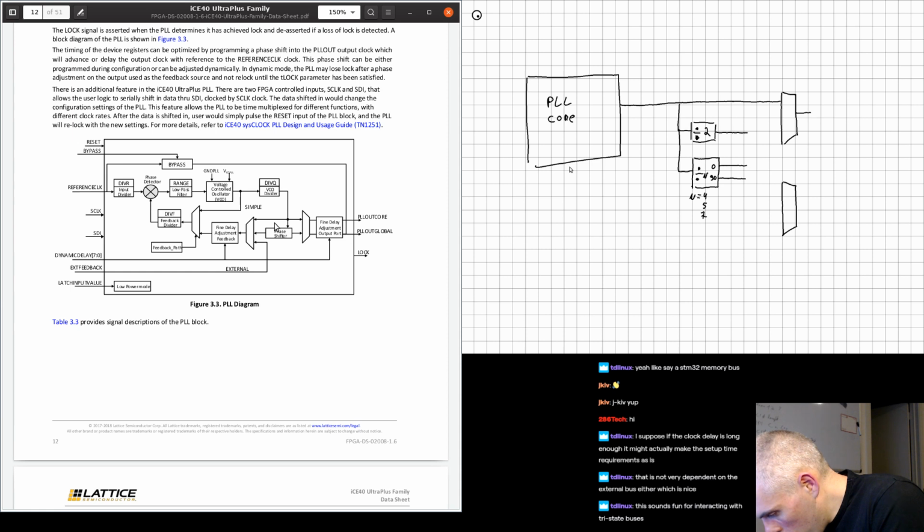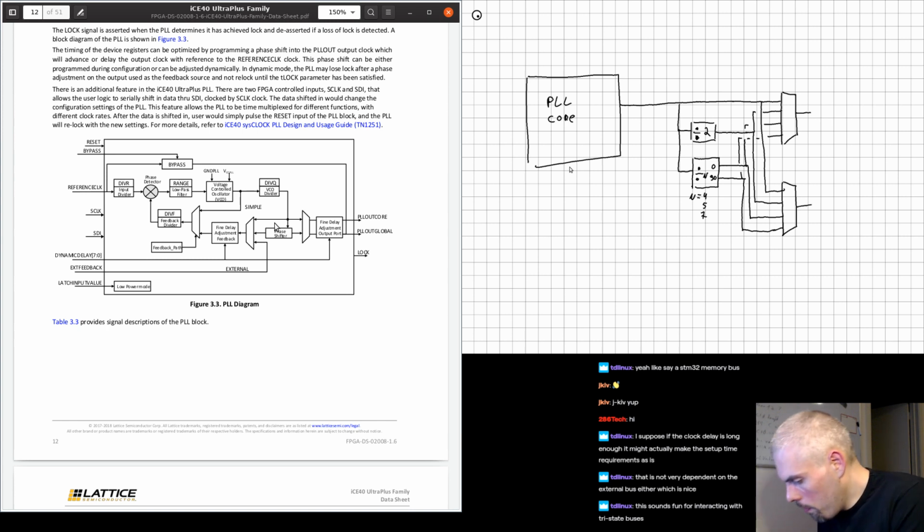And each of them can be independently configured to any of those 4 clock options. So we have something like this, then that would be the B output.